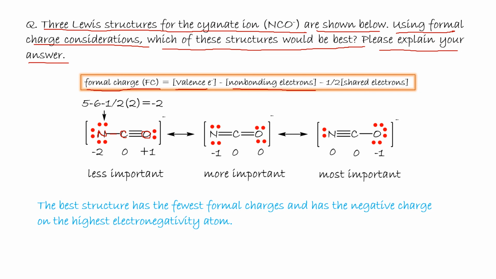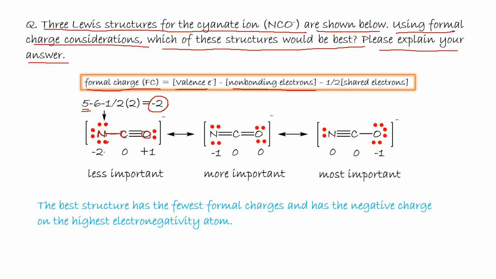The formal charge on this nitrogen: valence electrons 5, minus 6 non-bonding electrons, minus half, we have only one bond, so it's 2 electrons, and that leads to minus 2.